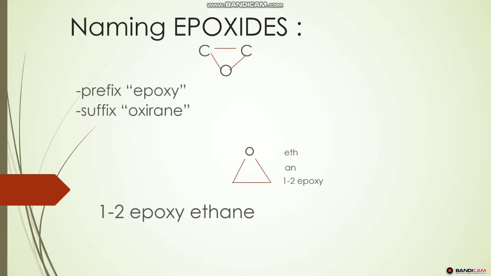To give the name for this molecule, since we have 2 carbons, this is carbon 1 and this is carbon 2. So we will give the first name as eth and the last name as N because it has only single bonds. And since the O is attached to the first and the second carbon, we'll give the name 1,2 as the prefix epoxy: 1,2-epoxyethane.